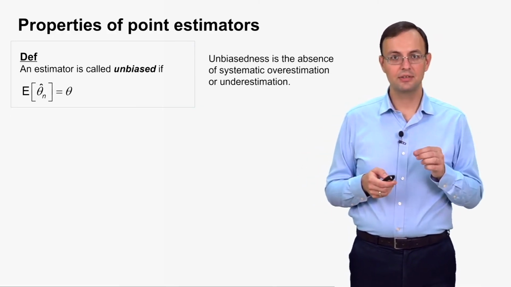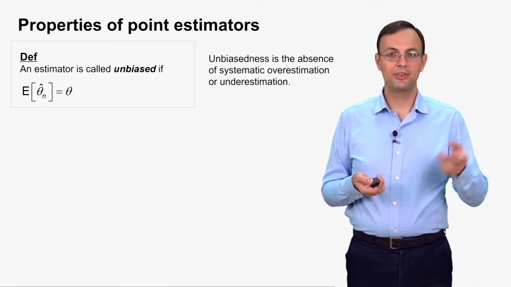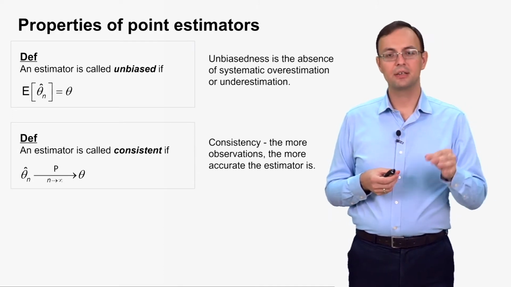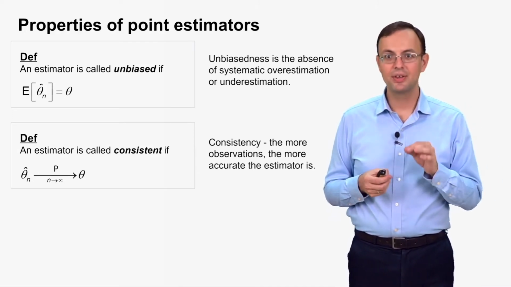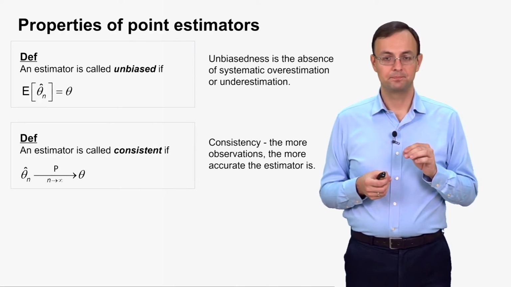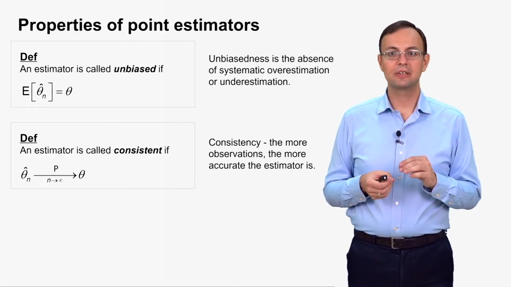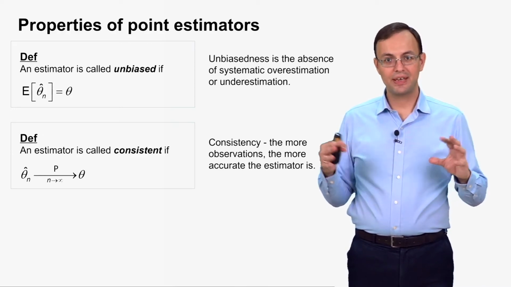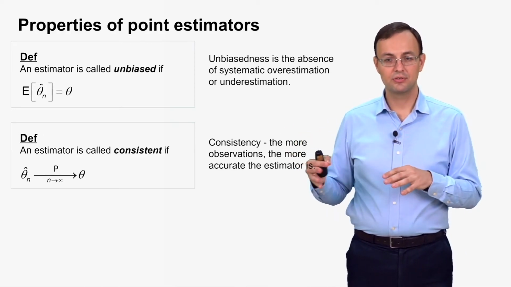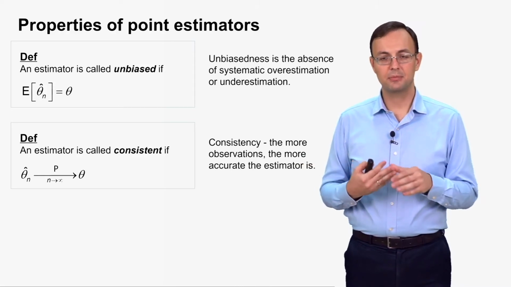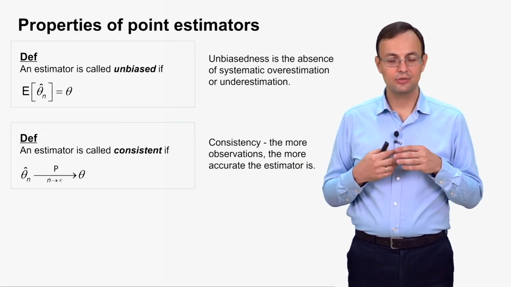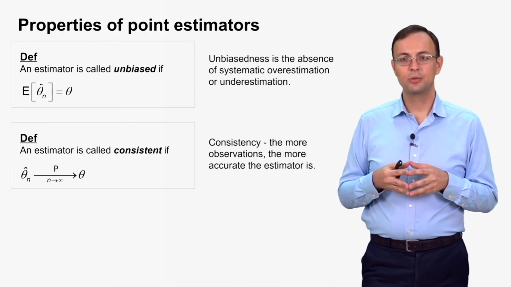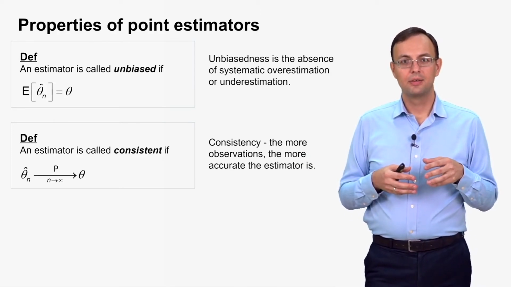So the second important property, probably the most important property that every good estimator must have, is consistency. So an estimator is called consistent if the sequence of estimators converges to the estimated parameter when n tends to infinity, converges in probability. So what does it mean?